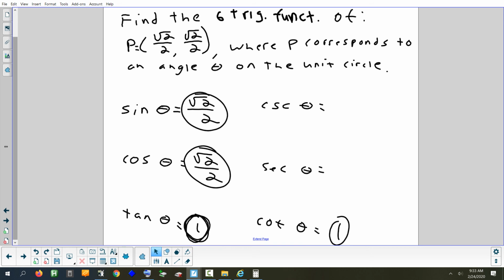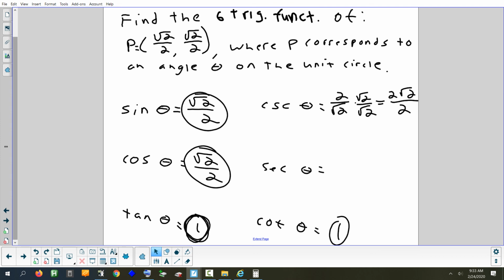So when you flip that, even if it's not okay as a final answer, can you just tell me what you get when you flip it? 2 over square root of 2. And Dennis, what do I have to multiply by to fix that? Square root of 2 on top and bottom. So it's going to give me 2 square root of 2 over the square root of 4, which is 2.